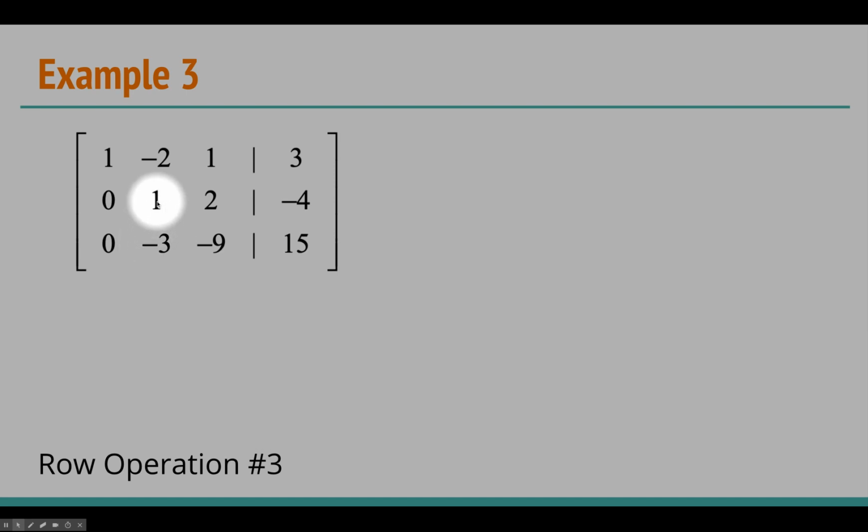What do I multiply 1 by to get +3? Obviously, it's a +3. So I'm going to take +3 and multiply by this row, which is row 2 now. So I'm taking 3, I'm multiplying by row 2, I'm adding to that whatever's in row 3, and I'm then replacing row 3 with the result.